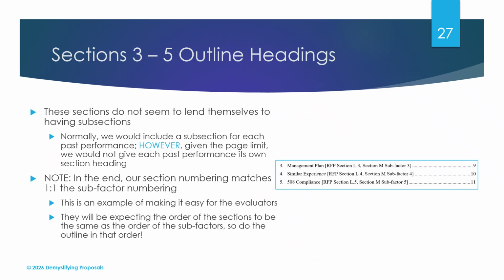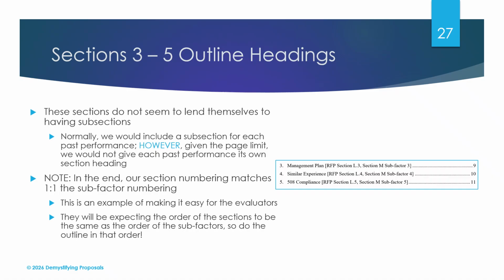So here's how those 3 sections, 3 through 5 of the outline, would look in the outline headings. Again, you have L3, L4, L5 for each of those sections. Section L doesn't actually have that numbering, but just to make it easy for everybody, they're listed in that order, and their subfactors are in that order.